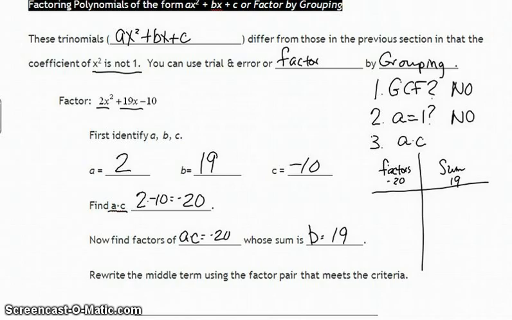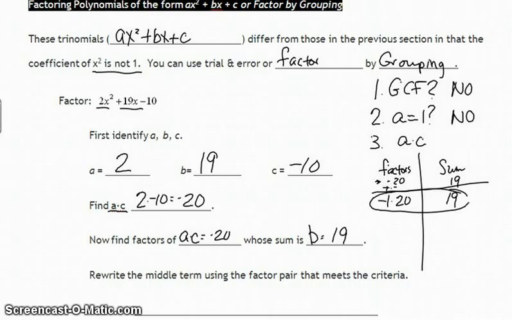So looking, I have a product that's a negative 20 here, so I have to have one positive and one negative factor to equal the negative 20. I can start with negative 1 times a positive 20. Well, golly, that comes out to a positive 19. That's my set.